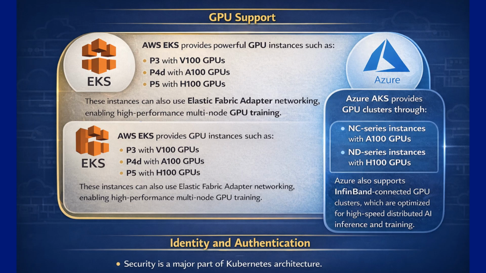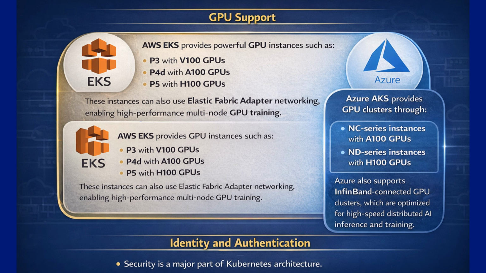Azure AKS provides GPU clusters through NC series instances with A100 GPUs and ND series instances with H100 GPUs. Azure also supports InfiniBand-connected GPU clusters, which are optimized for high-speed distributed AI inference and training.